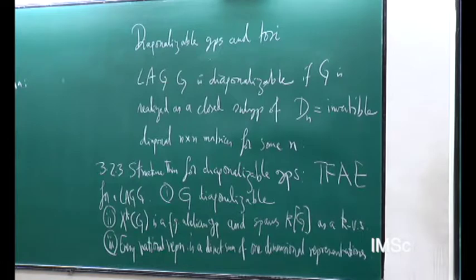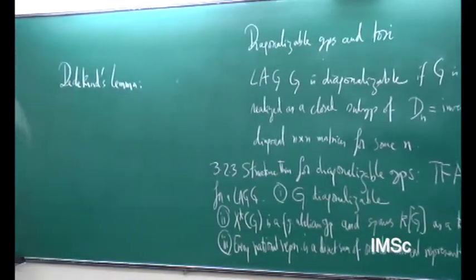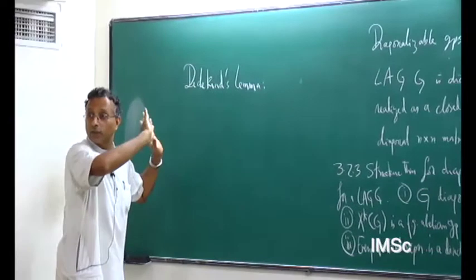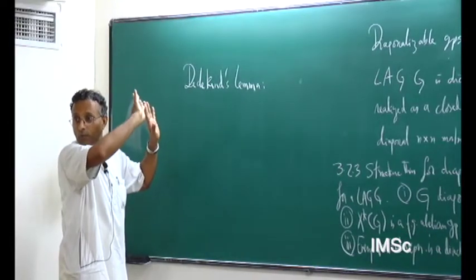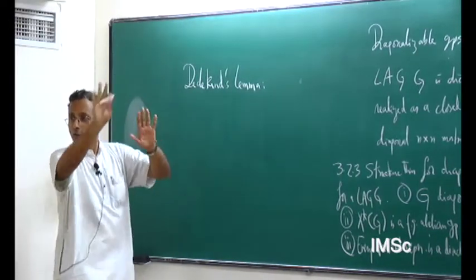Now, where this comes in, it's difficult to say where exactly it comes in. It sort of pervades the whole thing. It's a very basic underlying fact in all these considerations. So let us recall the statement. This has nothing to do with algebraic groups, just you have a group and a field. It has to do with functions from that group to that field.